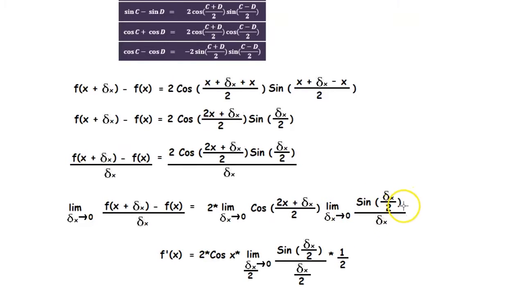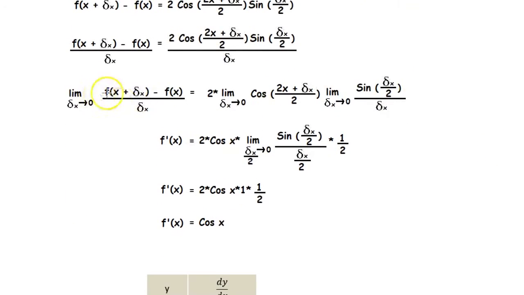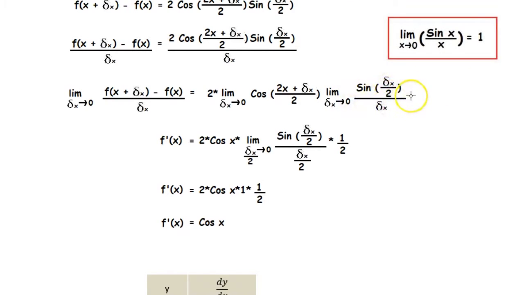You will know in a while why I divided this sin function by delta x and not the cos function. Here we can apply direct substitution. So this part will be dy by dx or f prime x. That will be equal to 2 into, when delta x tends to 0, this becomes cos of 2x over 2, giving us cos x.